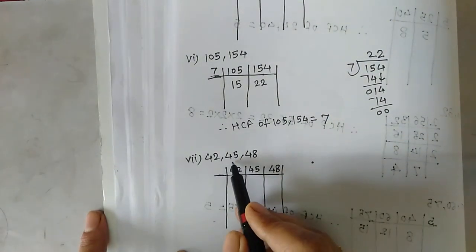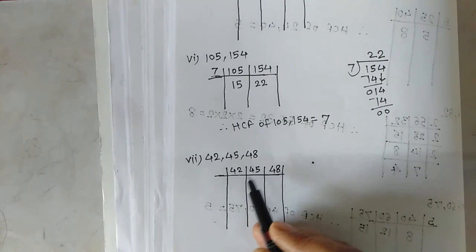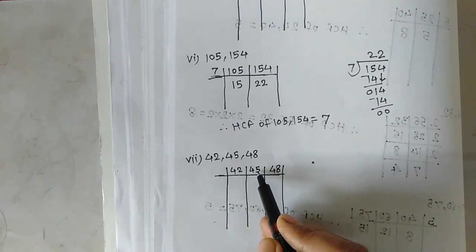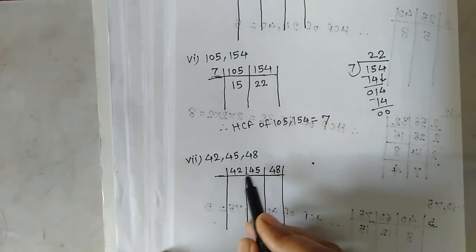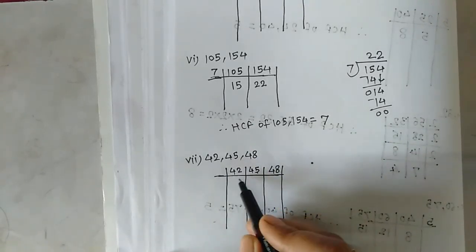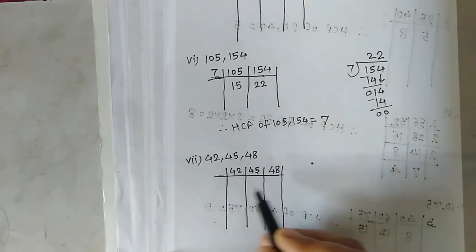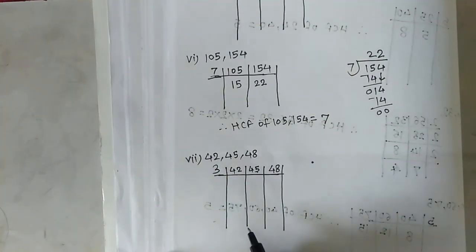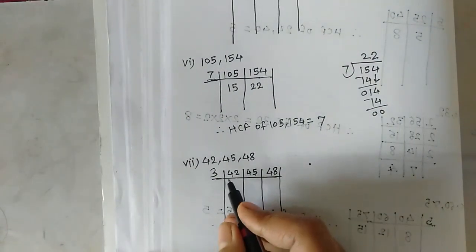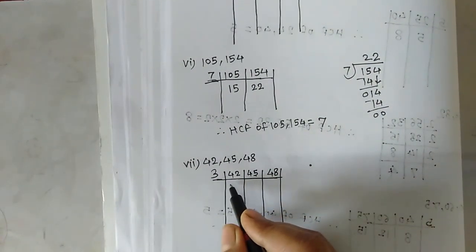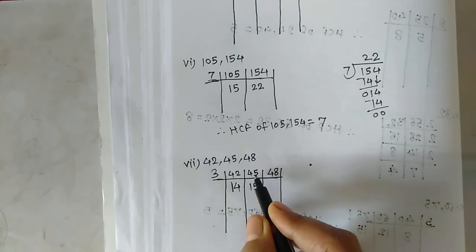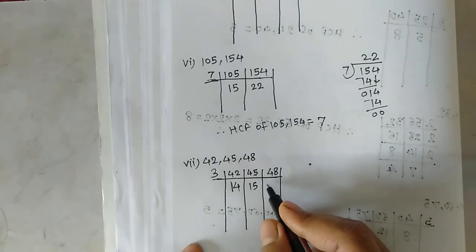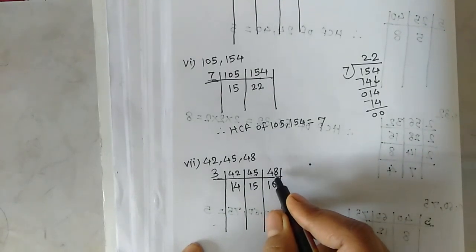Next is 42, 45 and 48. 45 is an odd number, means all these three numbers are not divisible by 2. Next 3. Yes, all these three numbers are divisible by 3. So 3 14s are 42, 3 15s are 45 and 3 16s are 48.